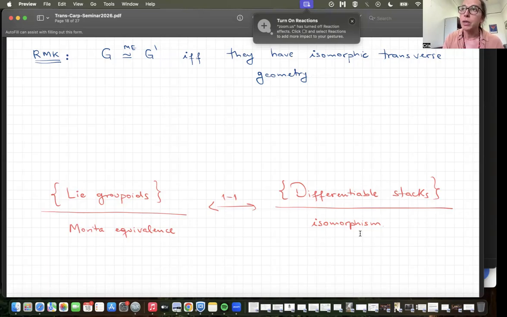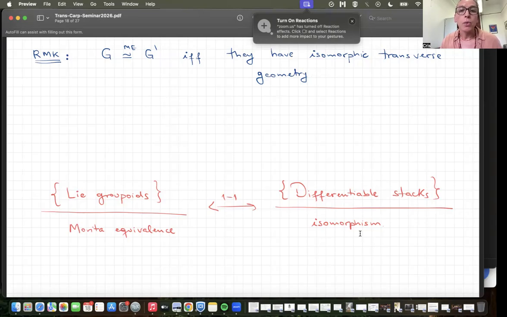So if you would like to understand what a differentiable stack is, you have to learn about categories fibered in groupoids and sheaves and Grothendieck topologies and that kind of thing, which is super interesting.